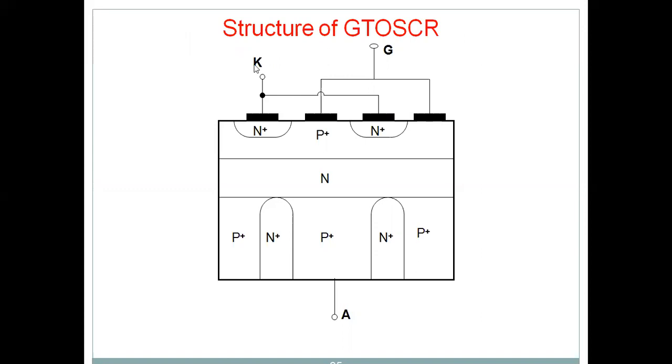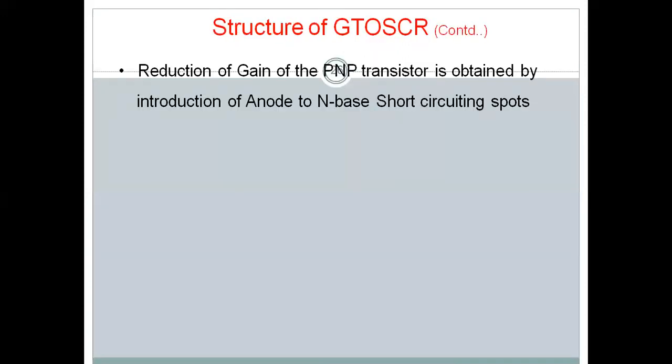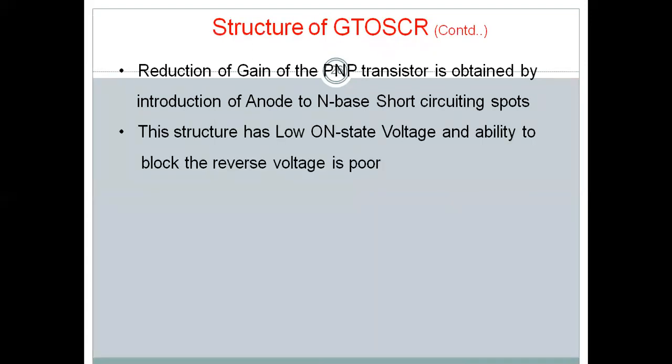The structure of GTO SCR looks like this: anode, cathode, and gate. Basically, it's a PNPN structure. This type of structure has simultaneous turn-on and turn-off operation. Reduction of gain of PNP transistor is obtained by introduction of anode to N base short circuiting spots.